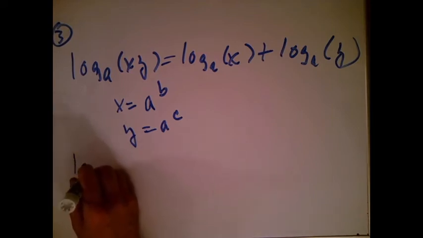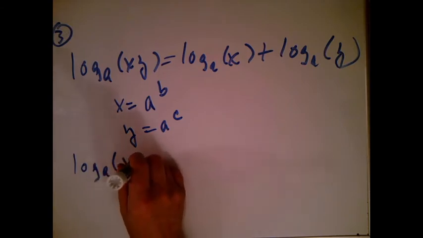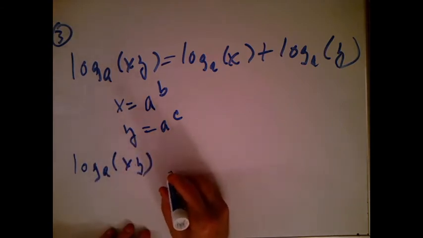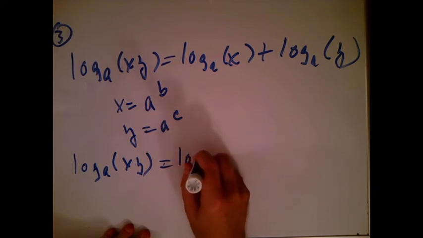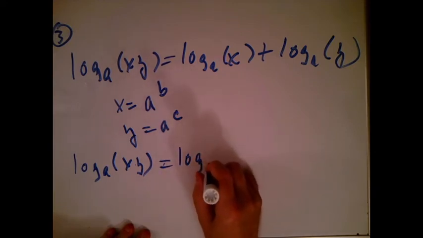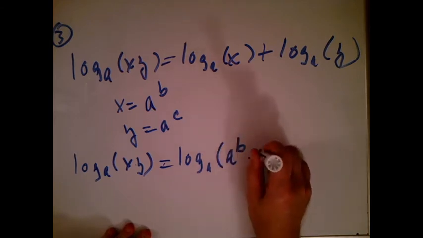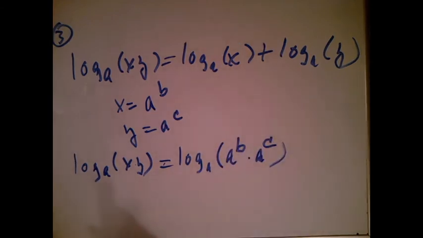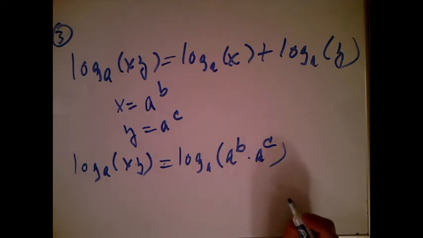So I'm going to get log base a of xy. I know what x is, I know what y is. This is going to be log base a of a to the b times a to the c. And this is where what I just said comes into play. When you multiply two numbers together with the same base, you add the exponents.